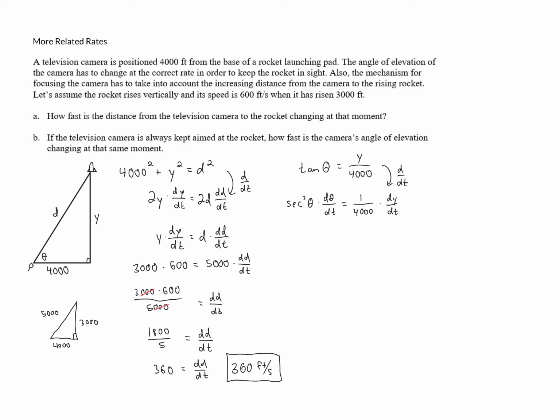So the right-hand side is going to be 1/4000th times 600. D theta over dt is what we're solving for, so we're going to leave that on its own. And then we're going to need secant squared of theta. Well, first we need secant of theta.